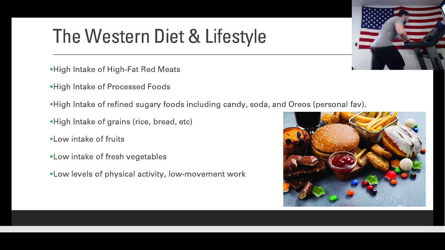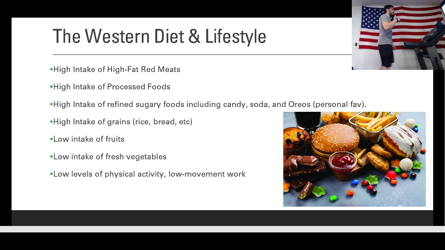I thought it was important that I cover, well, what is the Western diet? Maybe people aren't familiar with that term and that lifestyle, right? The Western diet, which is widely adopted by most Americans in the United States, is centered around a high intake of high fat red meats.